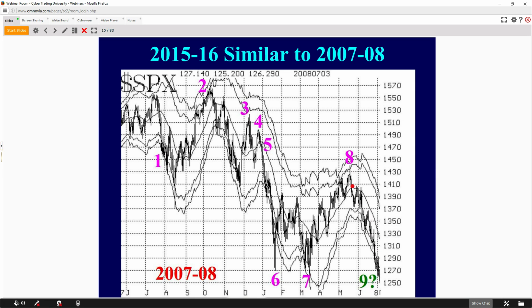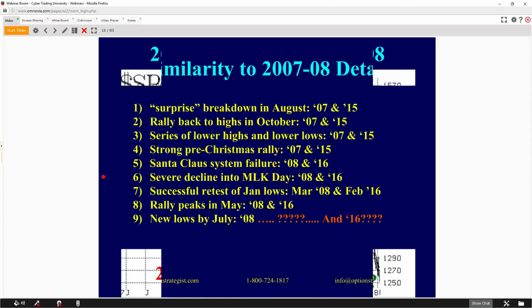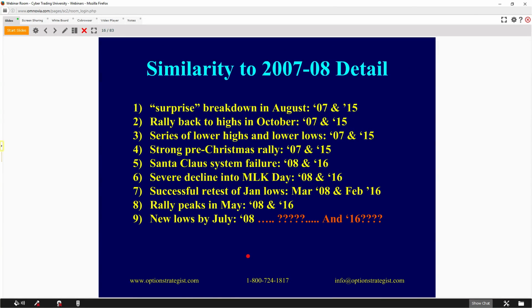As we get through more of this presentation, you'll see that I have some doubts about whether the market really would drop that far that fast at this particular time, but it's certainly been a possibility. And I don't think you can just routinely say that the lows are in for this year. So here's the list of those items, the same ones we just talked about.